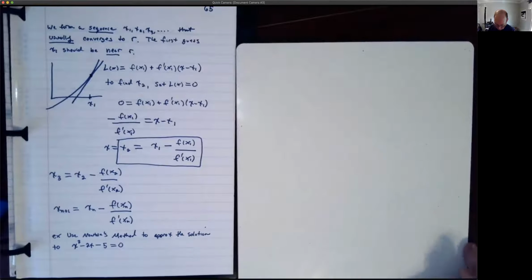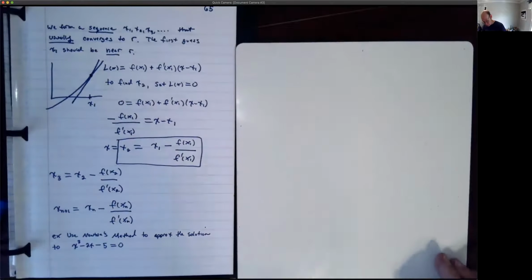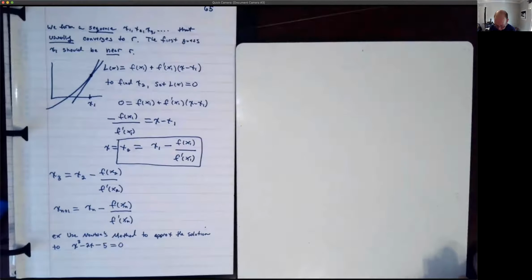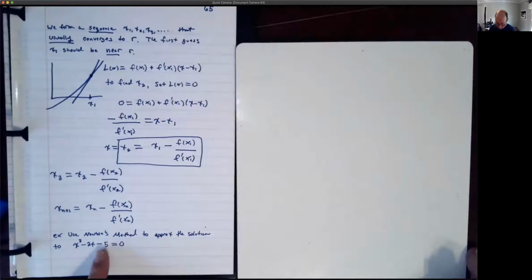Why don't we just start with the number 2 and see if we start converging to an answer that looks reasonable. And then when we get an answer, we can check, plug it into the equation, and see how close we are to 0.